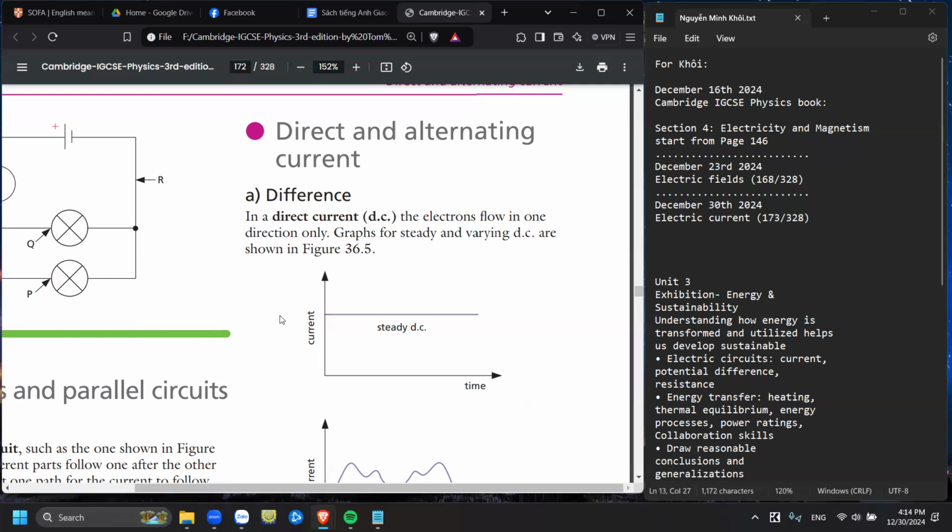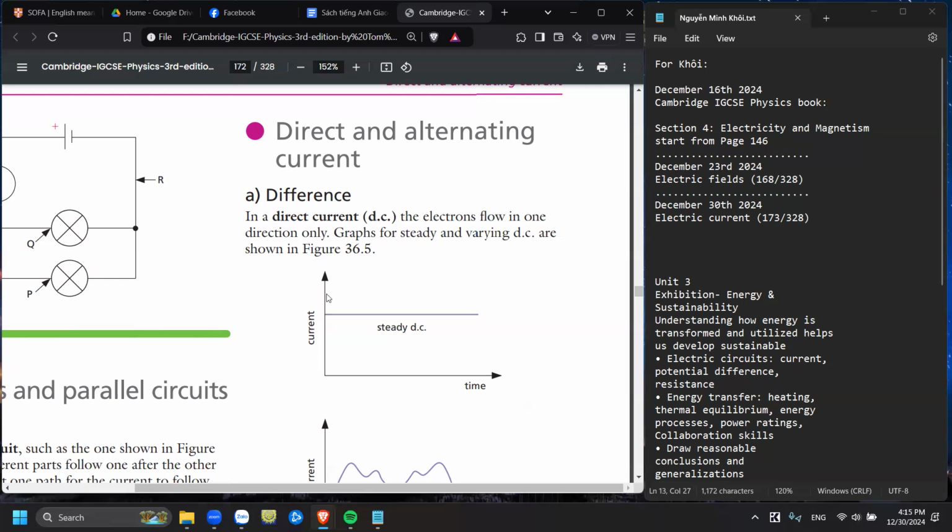The difference between direct current and alternating current is the direction in which the electrons flow. I agree, it's the direction, right?